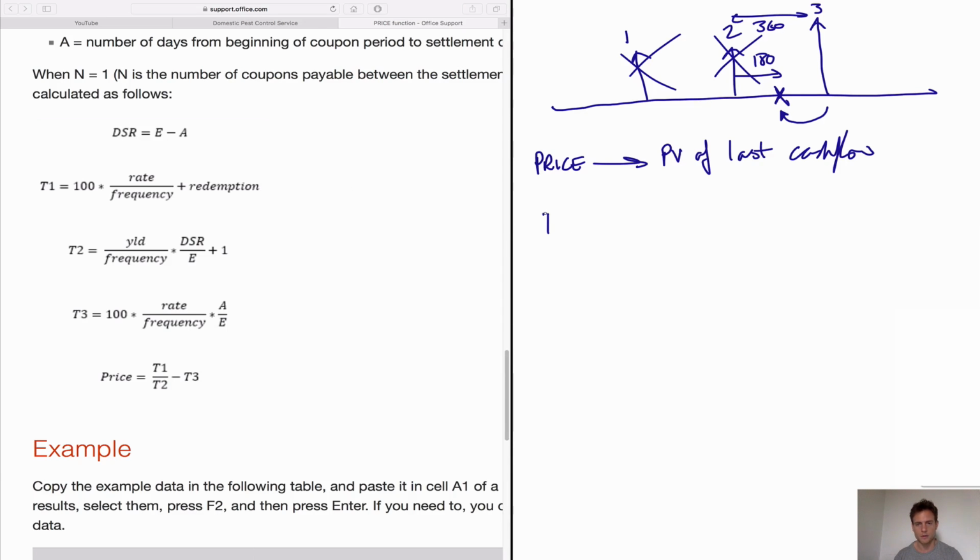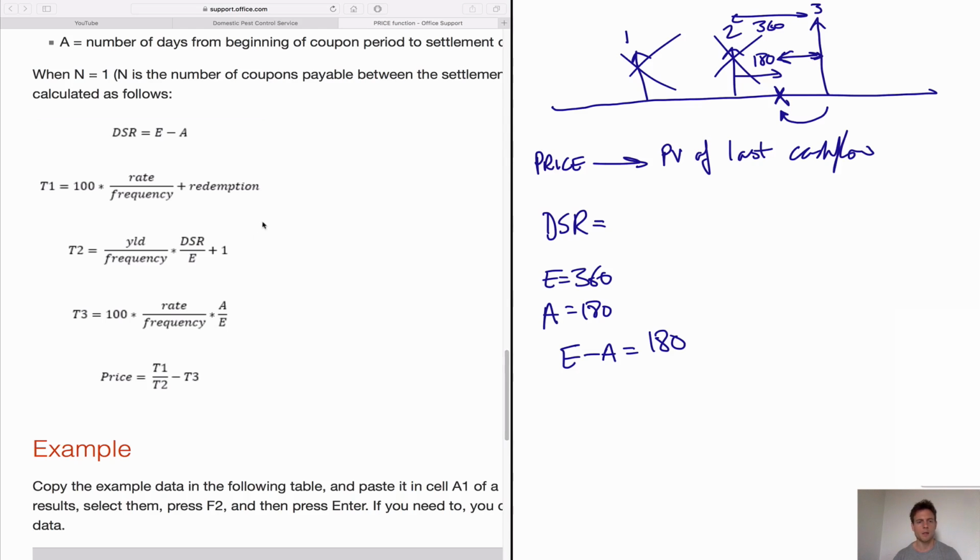Discount rate equals E minus A. We know E, the number of days in the period, that's 360. A was the number of days so far elapsed during the current coupon period, which was 180. So E minus A is also 180, and that is the number of days remaining in the period.